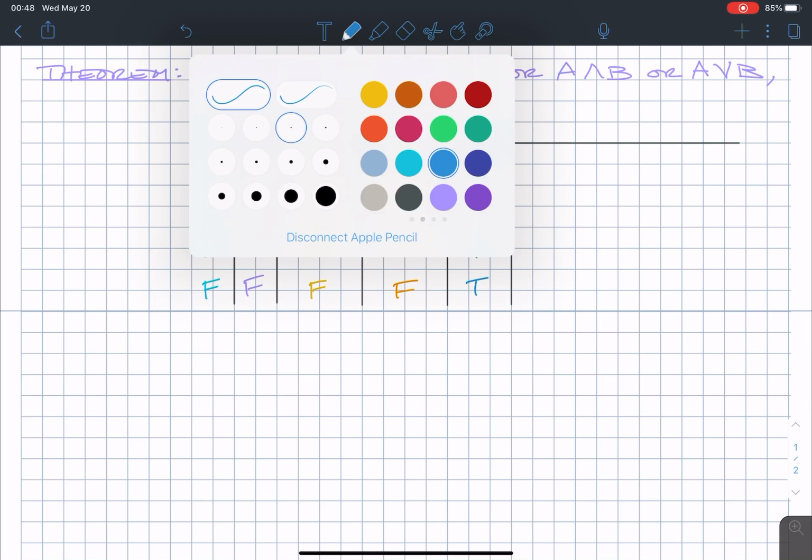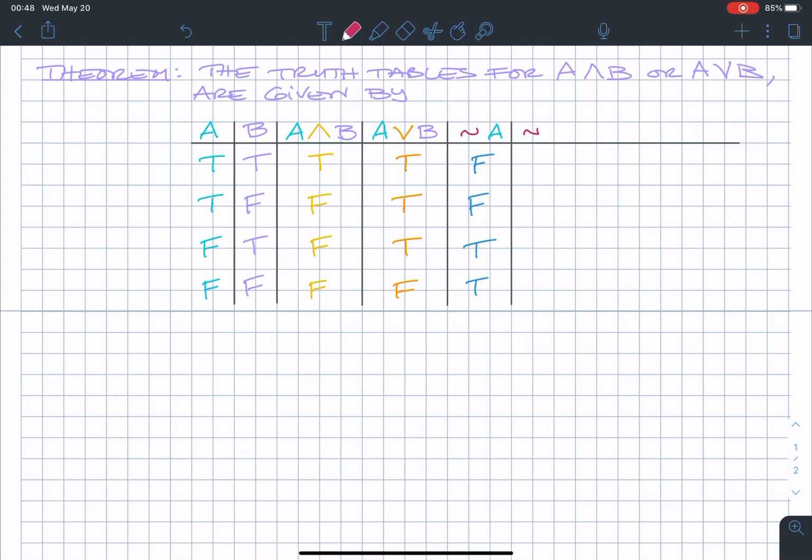Okay, so now let's look at not B. If I were to negate B, what would that be? Actually, let me write that in a different color, the lighter purple.